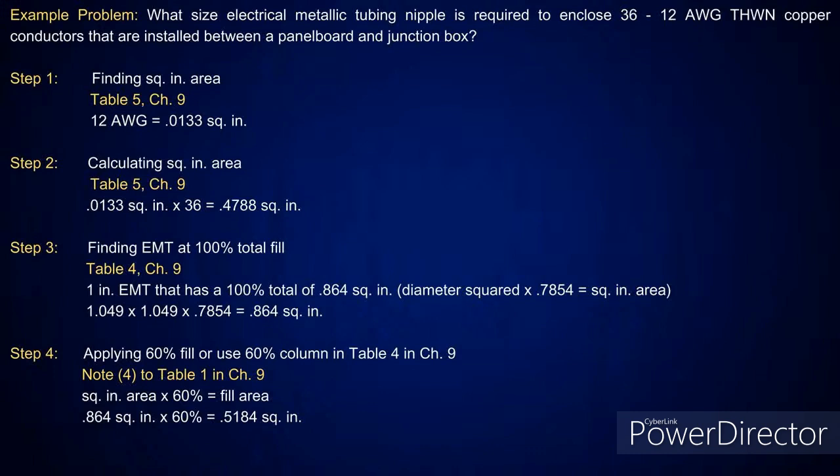Well, if you go over and look at Chapter 9, Table 4, it'll tell you it's 0.864 square inches. The formula you would use to determine that is you take the diameter squared of the conduit, which is also in the table, 1.049. You square it, and then you multiply by 0.7854, and that's how they get the 0.864 square inches.